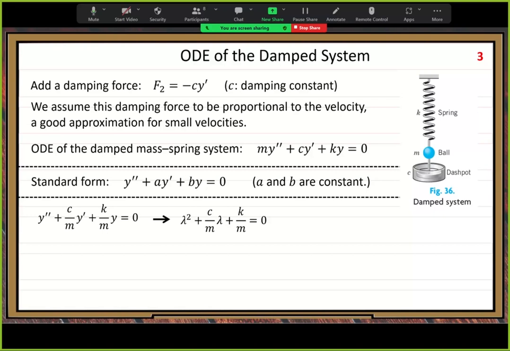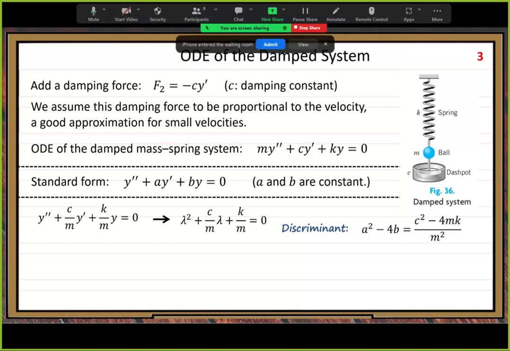It's a quadratic, so we can look at its discriminant, a squared minus 4b. Then we do the calculation. This is the discriminant expression: c squared minus 4mk, over m squared.